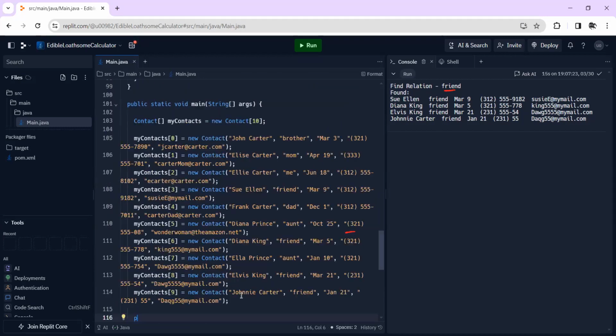So try to sort and print out what you have sorted so that we are able to see.